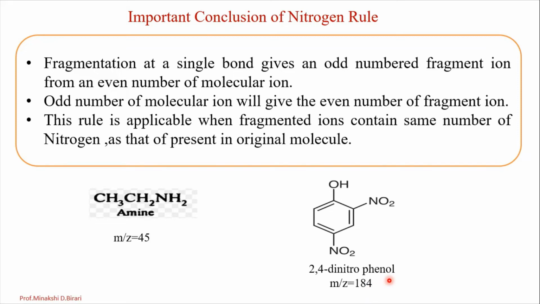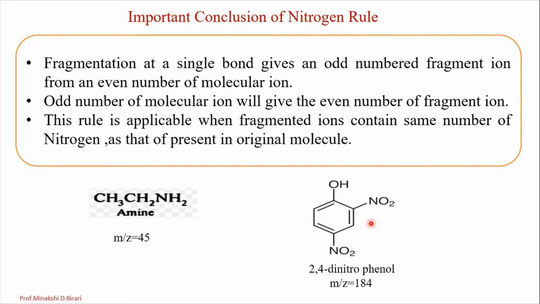Now if we observe the example 2,4-dinitrophenol, two nitrogen atoms are present, and the molecular ion peak is observed at m/z 184. So if the mass of the molecule is even, then the number of nitrogens present in the molecule should be even, or 0.